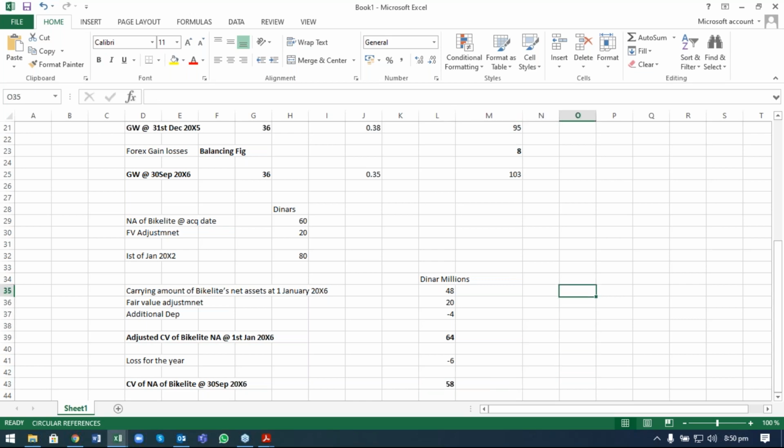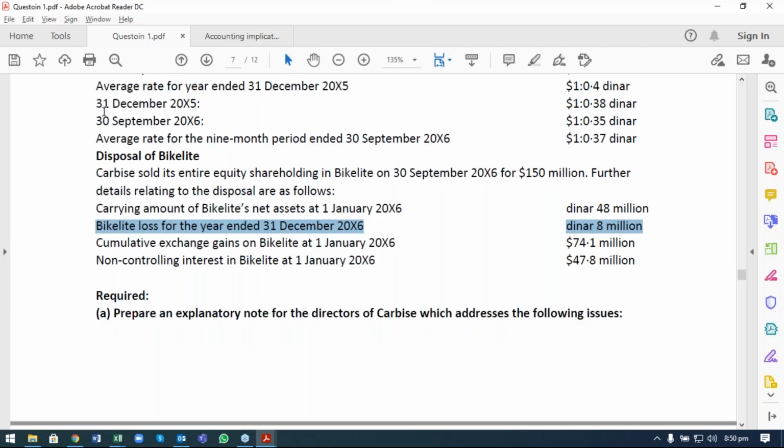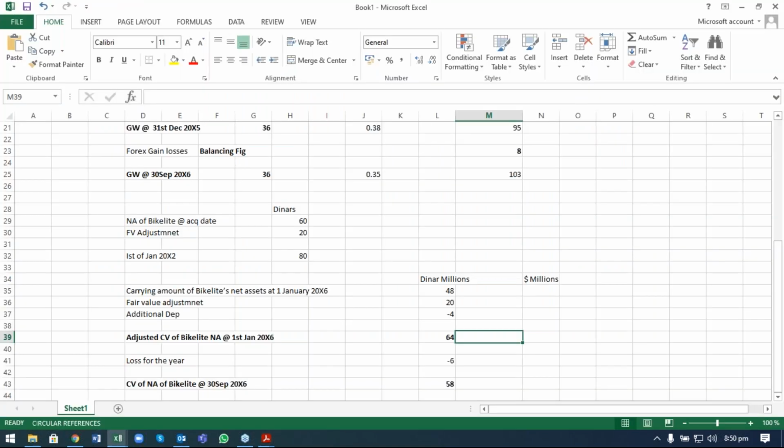If you are converting it into dollar millions, what would be the value? This is for your understanding. If someone doesn't understand it, do let me know. For the adjusted value, we have to use the exchange rate on 31st December 2005, that was 0.38 dinars, because 1st of January and 31st December are the same date.